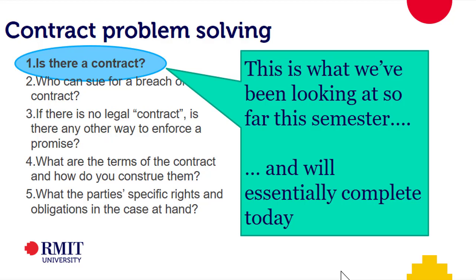So are those terms complete? Was there intention that if the offer was accepted, that there would be an agreement? And how do we know that? It's based on the language that the parties used and the ways that they behave. So they really are tied up. Offer is kind of the biggest element in a sense.